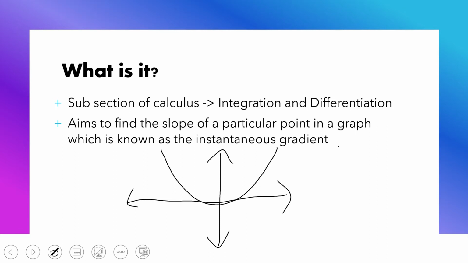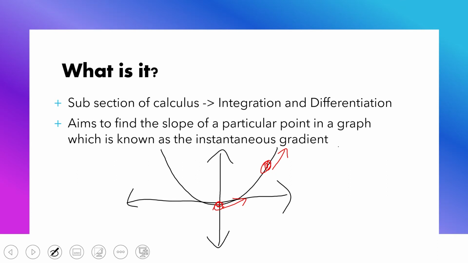Now, if I ask you to find a gradient at a particular point, let's say here, many of you will be confused because in this curve you can see that the steepness, the slope is always changing. So let's say the steepness here is like that, but the steepness here is much more steeper. So in this curve you can see that the gradient is not constant and it's always changing. So gradient at this point would not be the same as the gradient at this point, right?